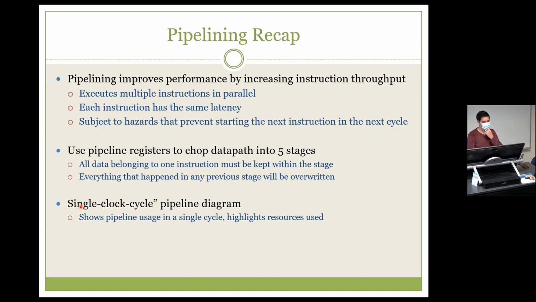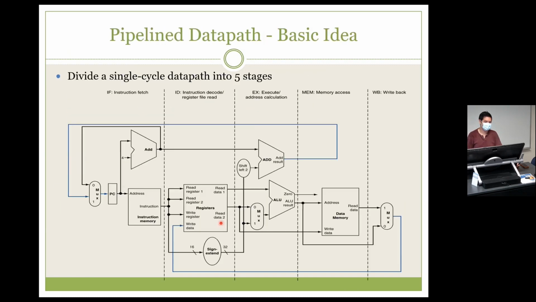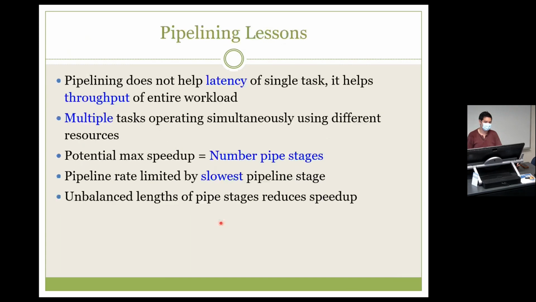So we will go over more details on what this single cycle pipeline diagram is, where we're going to show a table basically that describes what is being used in each stage. Let me show you.